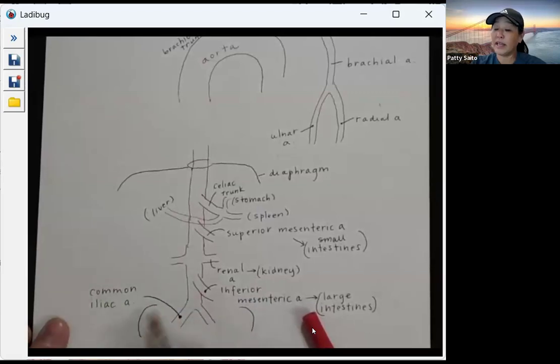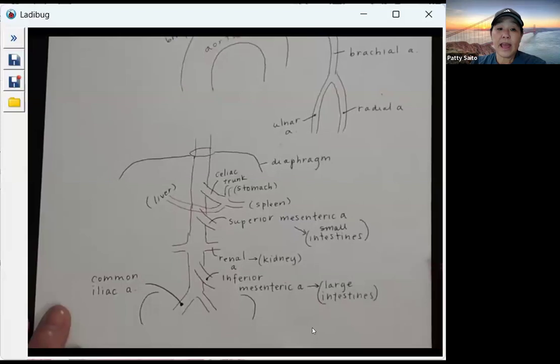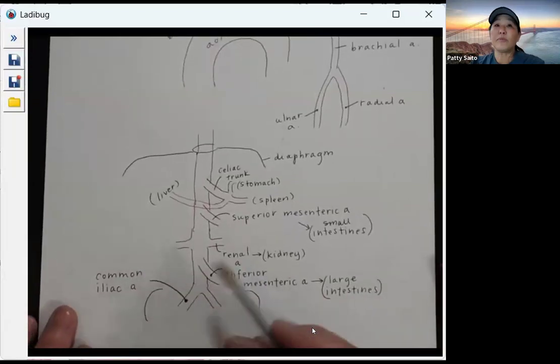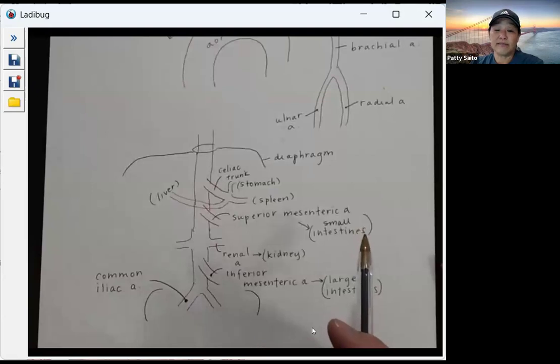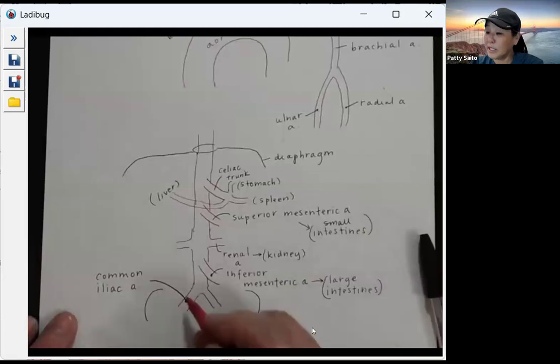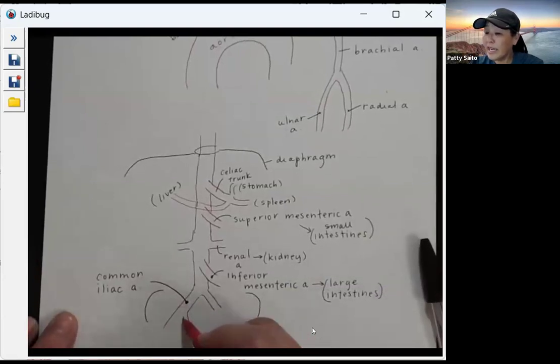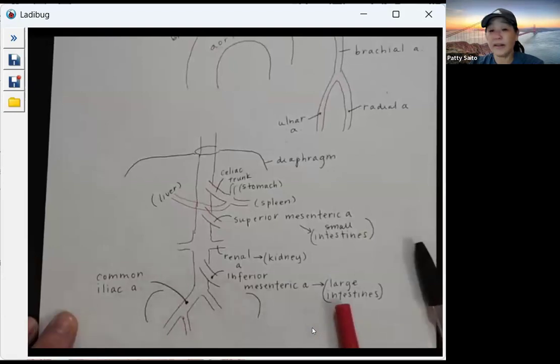Okay, so it's near the ilium, the pelvis. And common works much like the word trunk. Okay, common means it's going to split, and it does split into two vessels, an internal and an external iliac.